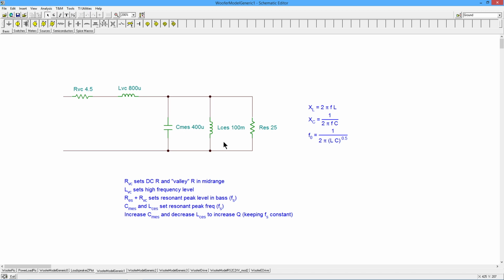We can model that in terms of a capacitance. The springiness, the compliance of a suspension on a loudspeaker, the spider or the surround at the top, can be modeled as an inductance. From a mathematical standpoint, if you look at the original mechanical version and you write differential equations to describe the motion, and you do the same thing with R, L and C components, you come up with sets of equations that look pretty much the same. You just have different names for things, but the equations are basically the same.